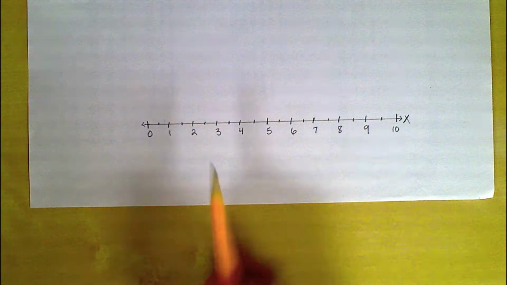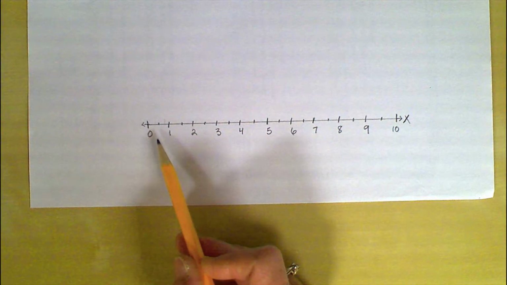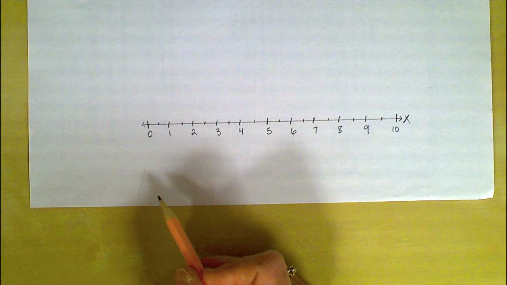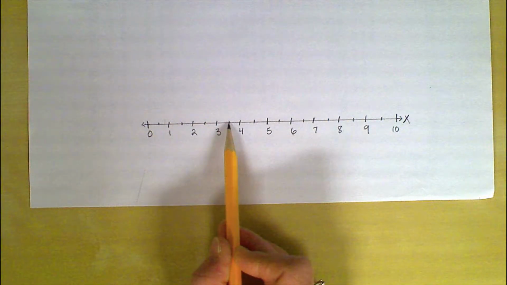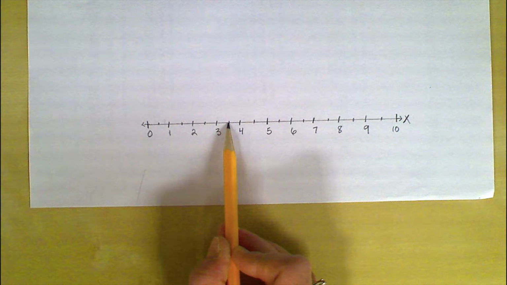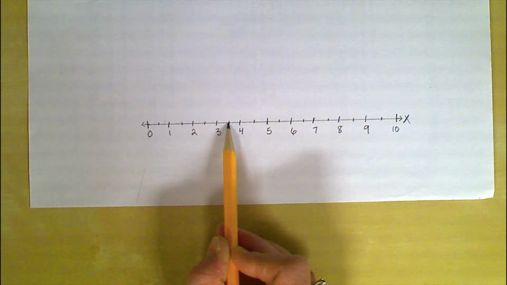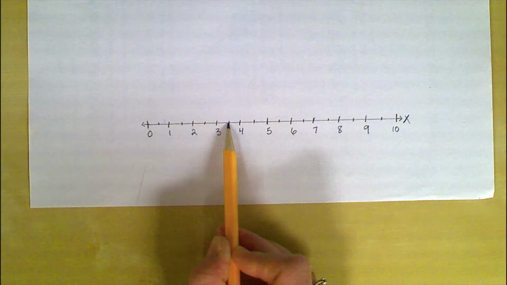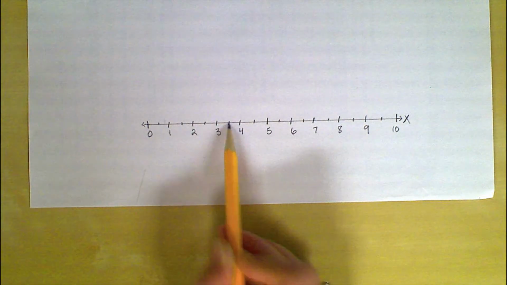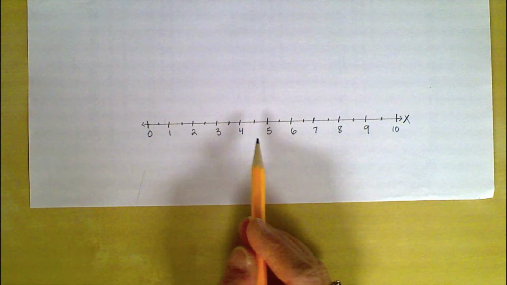Origin, awesome. Now point to 3.5. And notice I'm just kind of pointing with my pencil because it's easier. You can do the same thing. Okay, so this would be 3.5 units from the origin or 0. Good. Moving to the right, correct?